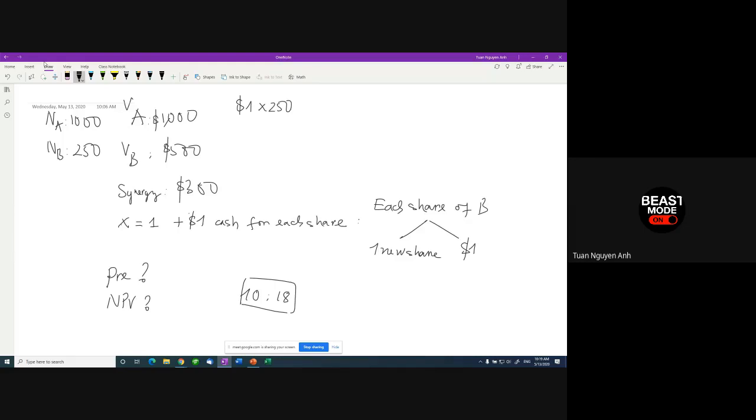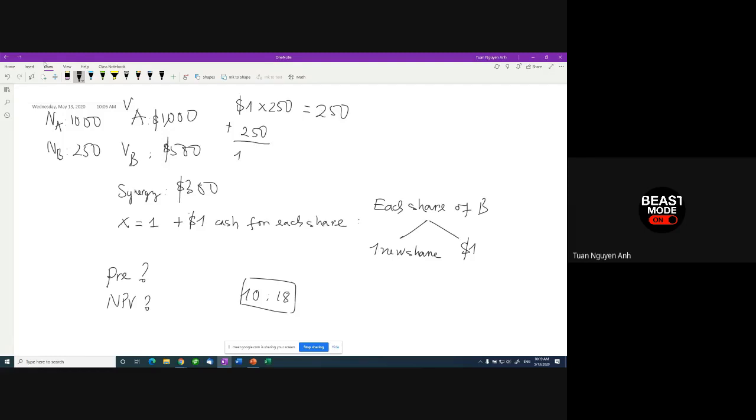So shareholders of B will receive $250, plus one new share for each existing share. So they will receive 250 new shares.